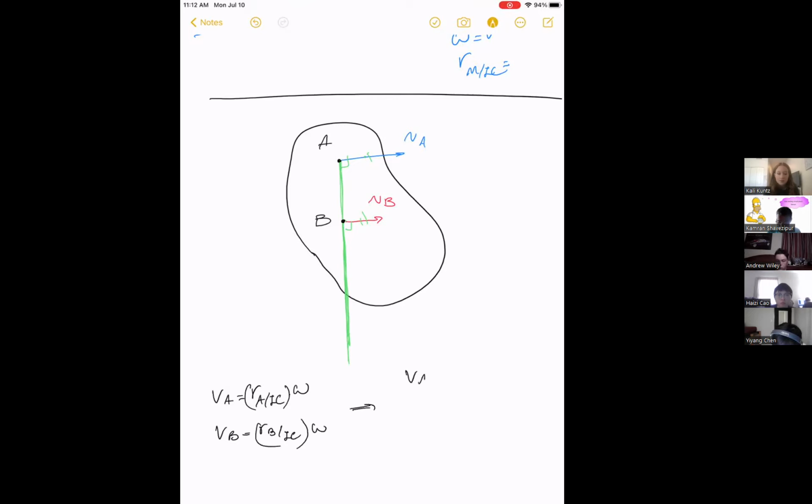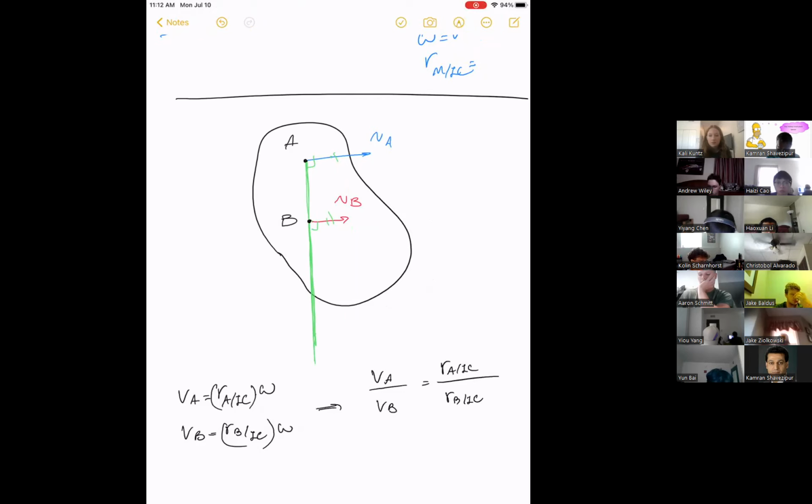You're going to get VA over VB is RAIC divided by RBIC, right? The ratio of velocities is the same as the ratio of the radii of rotation. Any question about this part?